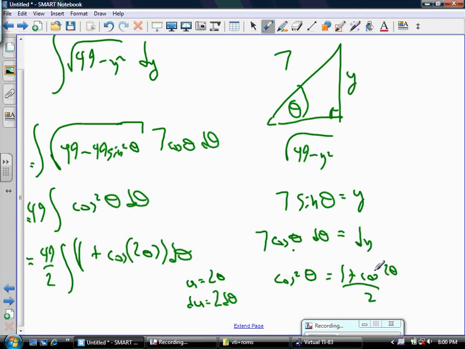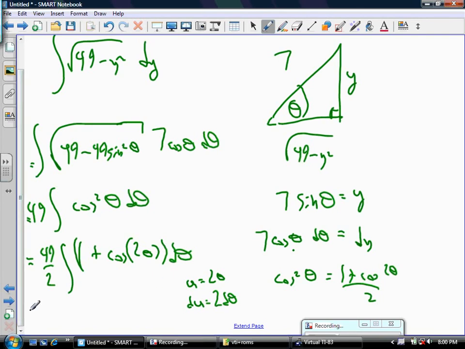That's a trig identity. It's true for all theta. And if it says sine squared, you put a minus. That's the only difference. It just makes life easier, unless you want to do it by parts. But that's a cyclic by parts. Oh, it's a mess. So the antiderivative of cosine u du over 2 is sine of u over 2.